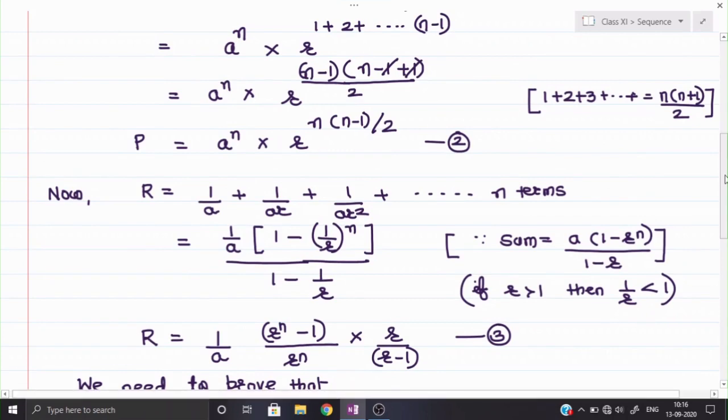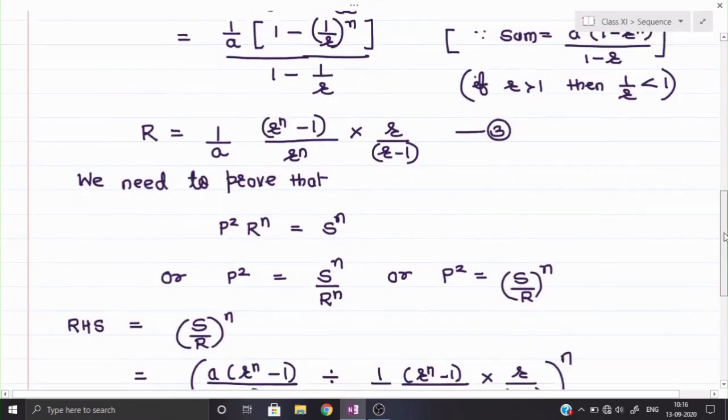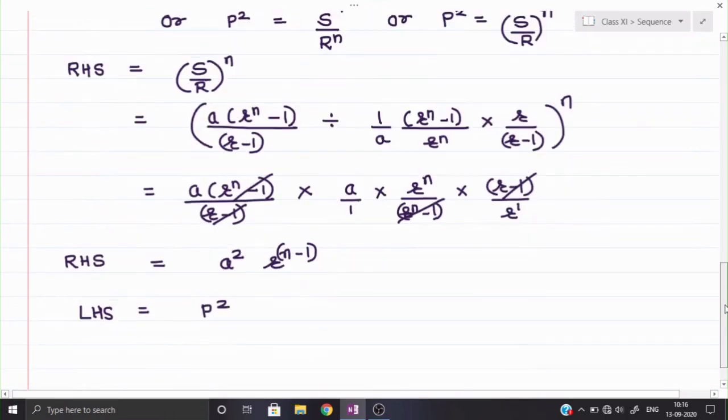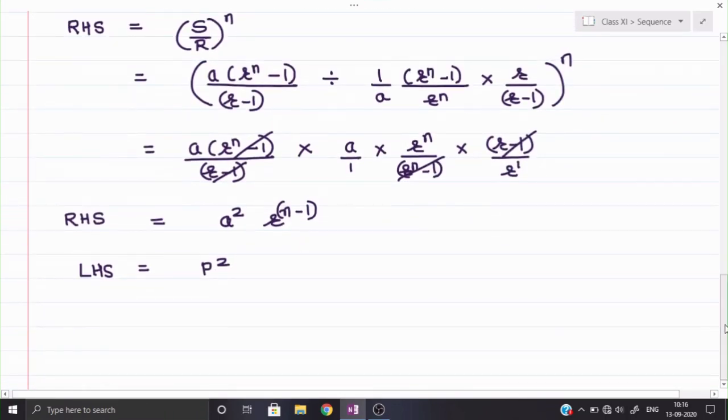So the value of p I am keeping here as a to the power n into r to the power n into n minus 1 whole divided by 2, and its whole power 2 is given to us.